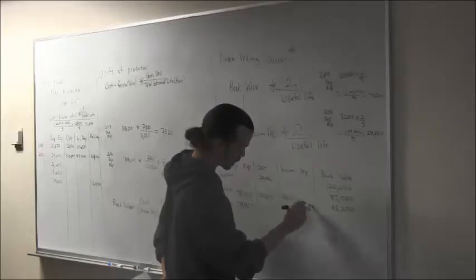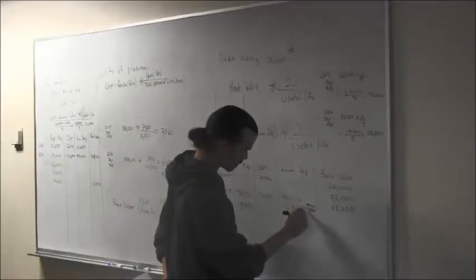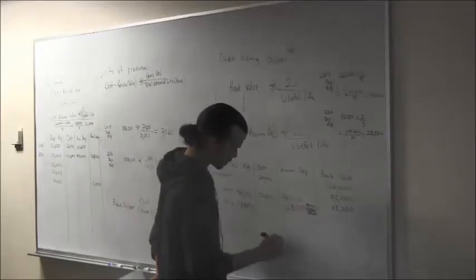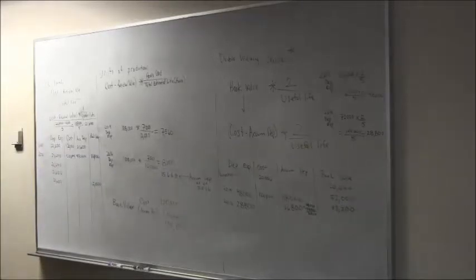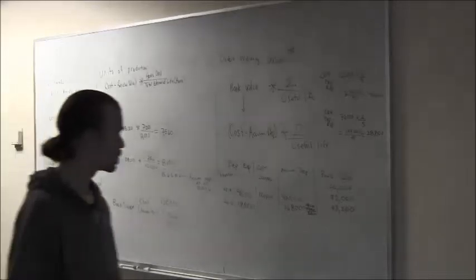Was that 48,000 plus 28,800? So for the book value it would be what to calculate accumulated depreciation? To calculate accumulated depreciation?